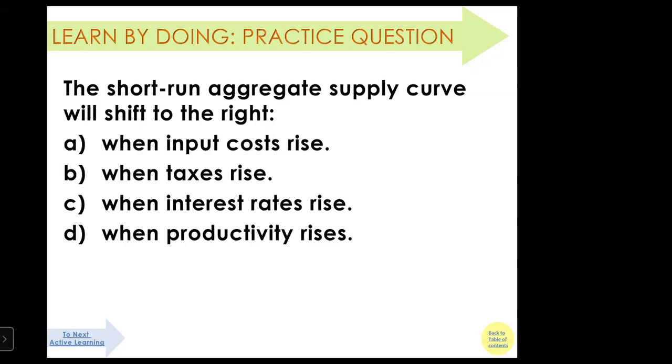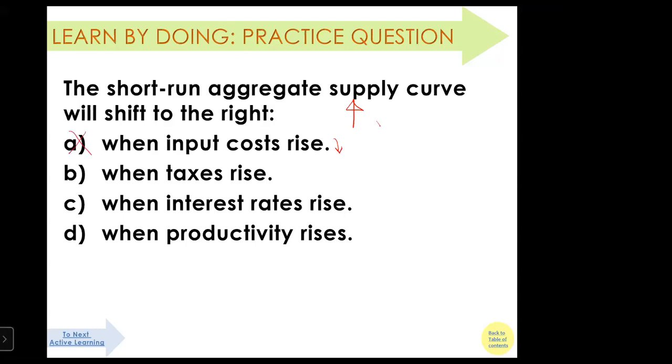The short run aggregate supply curve shifts to the right. Which things happen? First of all, shift to the right means there's an increase. Let's go one by one. Input cost increase is going to decrease aggregate supply, so it's not correct.